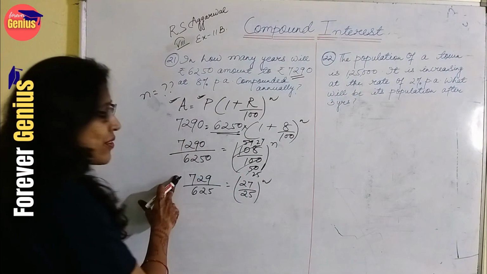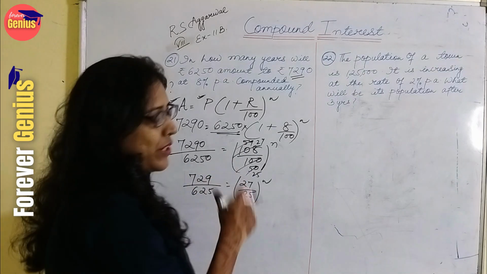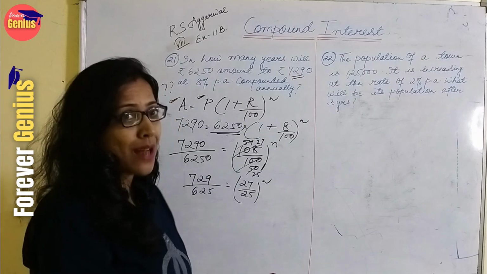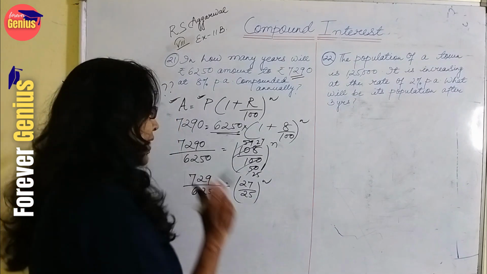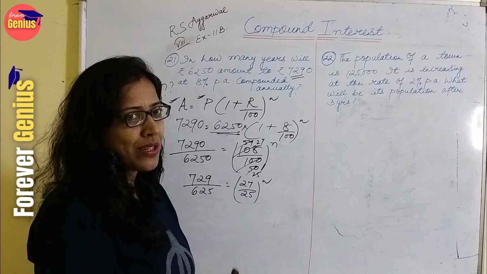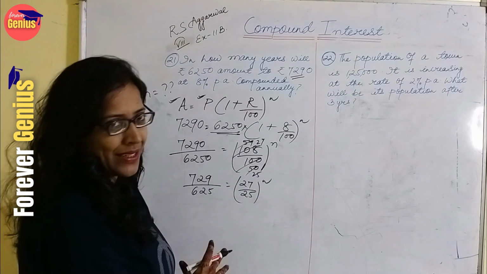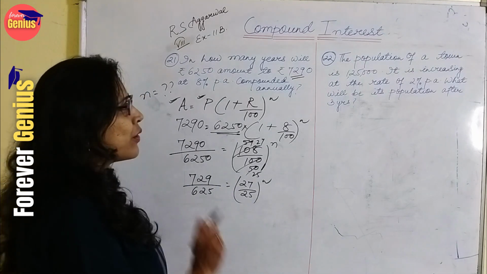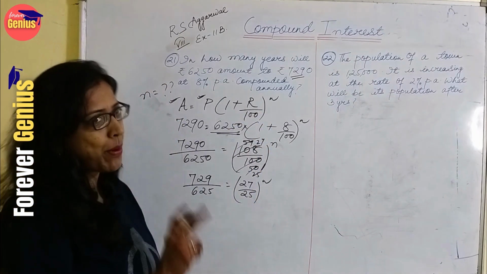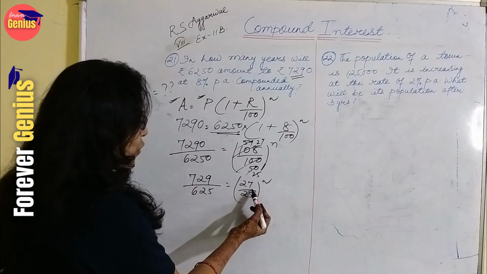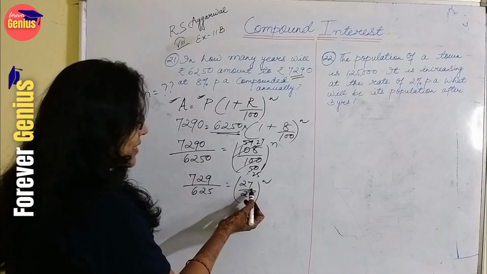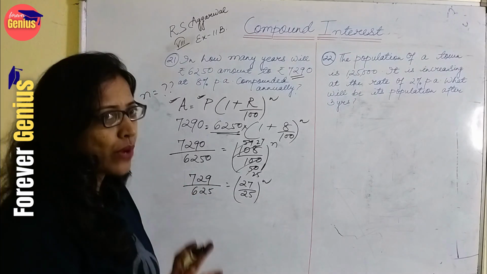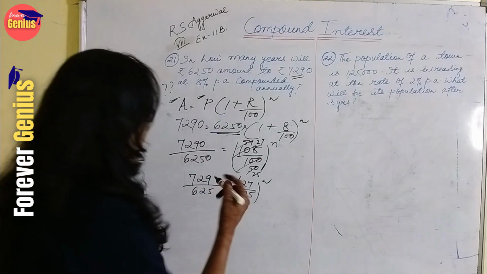Now if we find the square root, which I taught you in my previous videos, how to calculate the square root of 2-digit numbers in the easiest way, you can refer to it in the description box, find the link and please practice so that that basic thing is really going to help you in calculating compound interest. So now 27 into 27 I get 729 and for 25 into 25 the square root is 625.